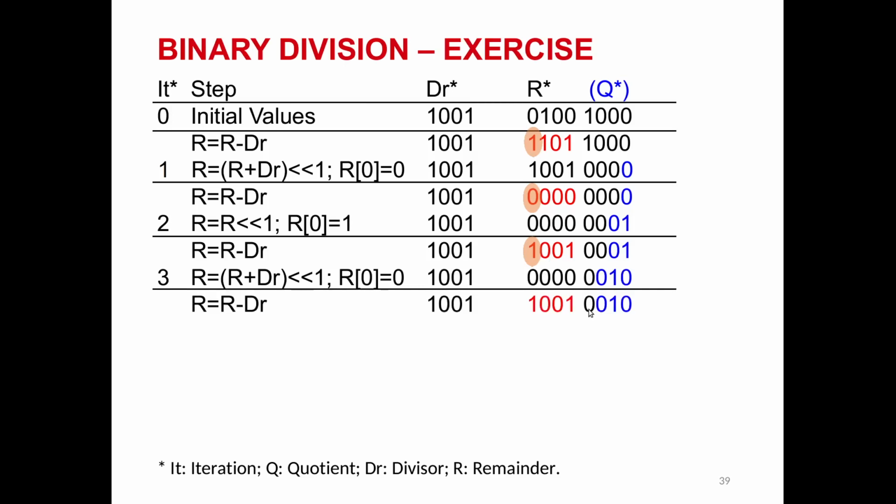And then the next step, we do the same. These 4 bit zeros minus these 4 bits for dr. The result is a negative number.